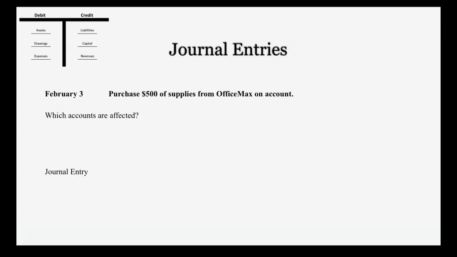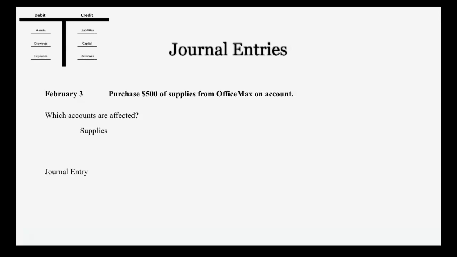Now on February 3rd, it says you purchased $500 of supplies from OfficeMax on account. So this is a business transaction, so we are going to need to journalize this one. We need to think about, okay, which accounts are being affected here? We purchased supplies, right?